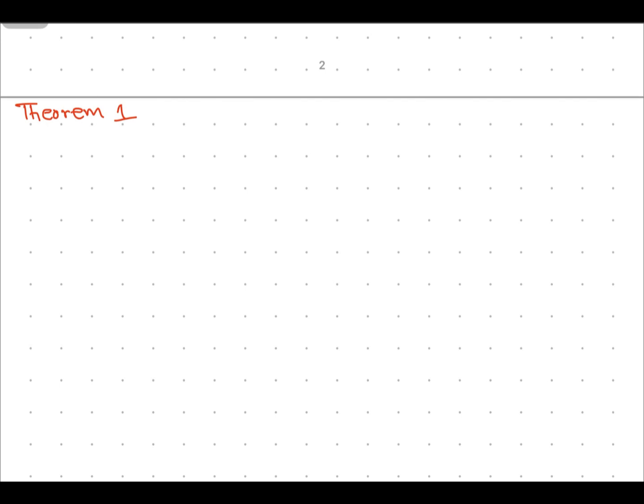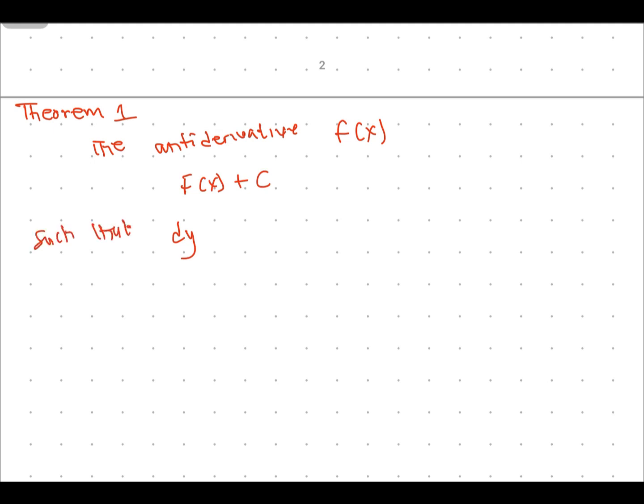The theorem states that the antiderivative of a function f of x is the set of functions F of x plus c, such that dy dx of the function F of x plus c is equal to f of x, where the constant c is the constant of integration.